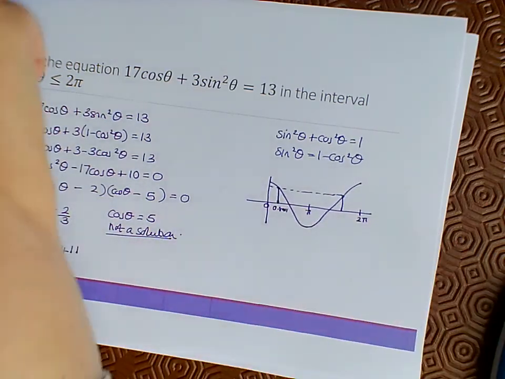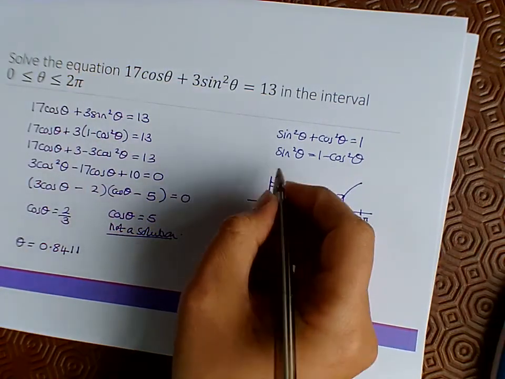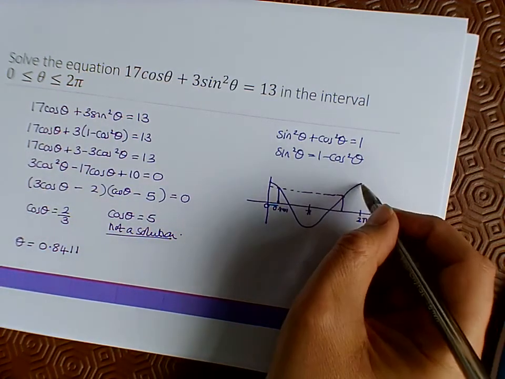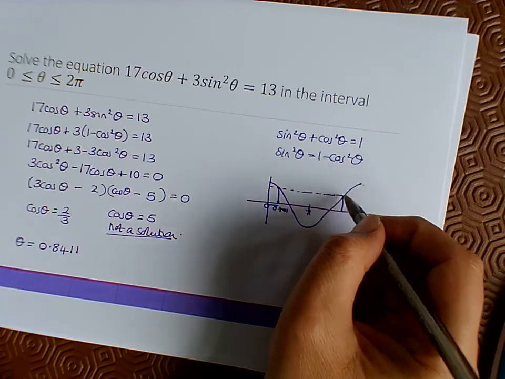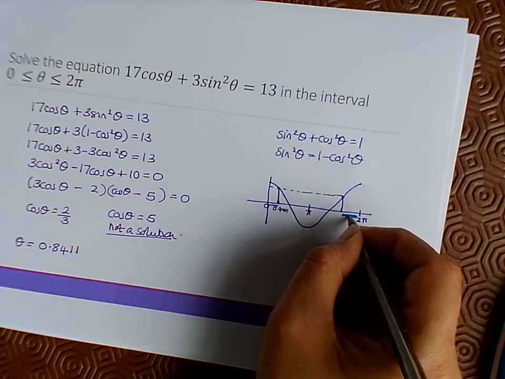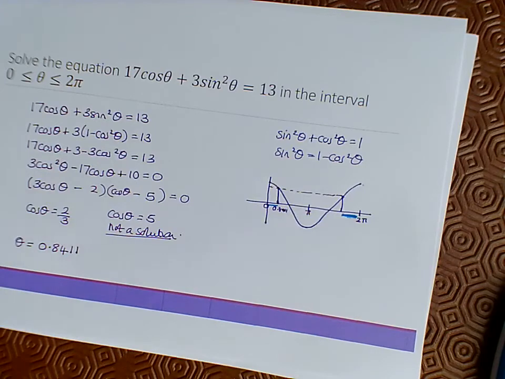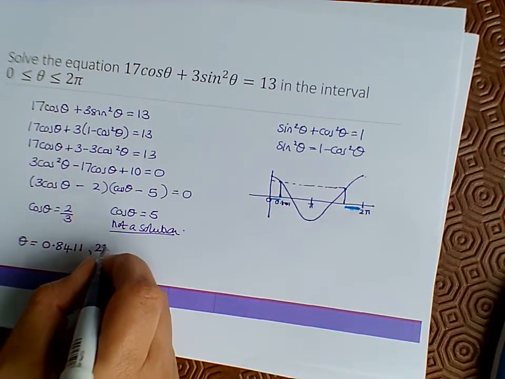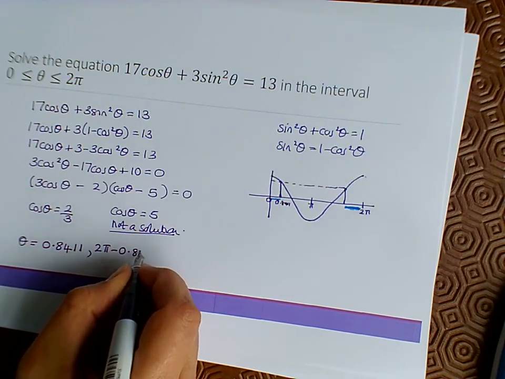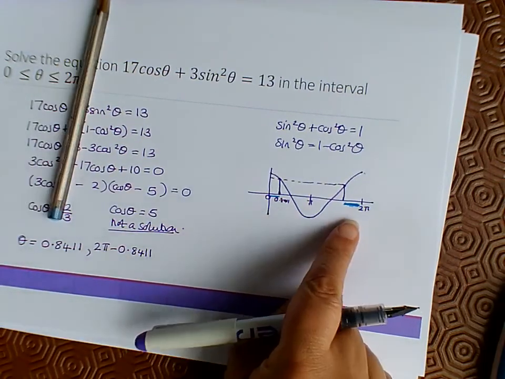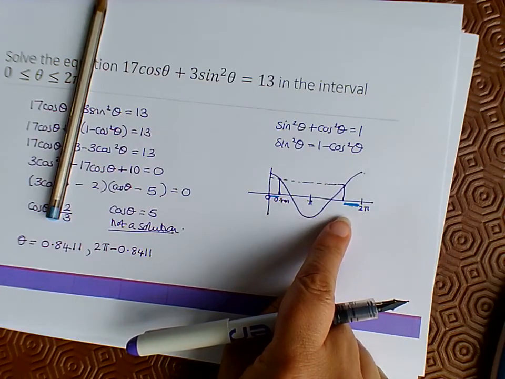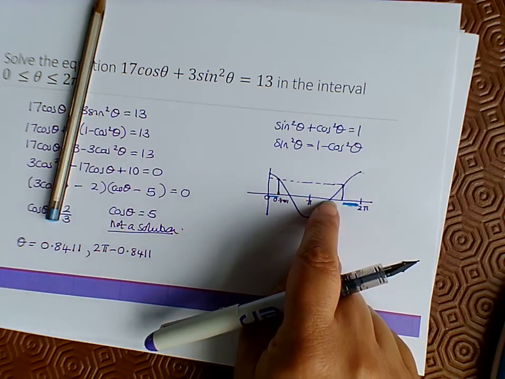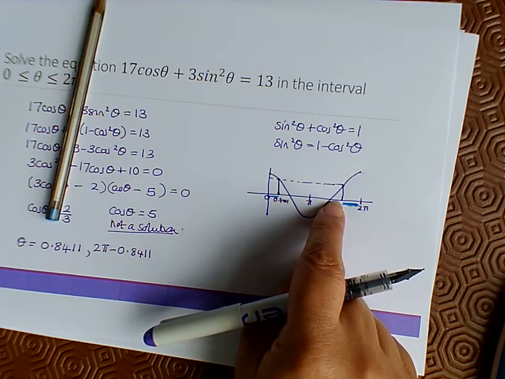And what you've got to look at is that graph symmetry again. So from this maximum down to here is 0.84. So do you notice that's the next maximum down to here? This distance here will equally be 0.8411. So the next one will be at 2 pi, subtract 0.8411. Now there's lots of ways of doing this. And I know that some of you prefer to say, well, I'm going to work out that bit and add it on, and that's fine.